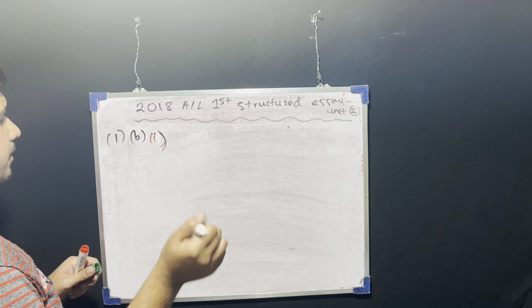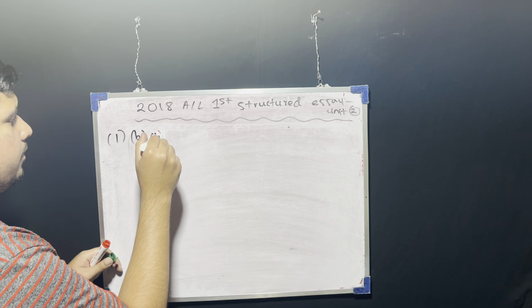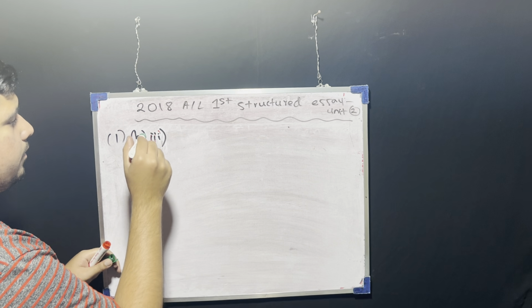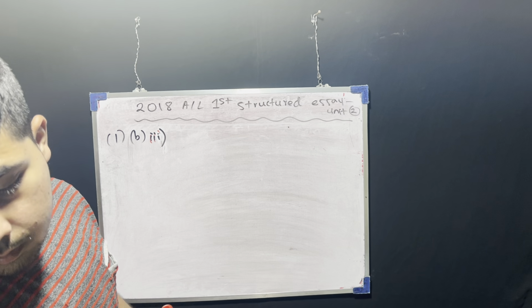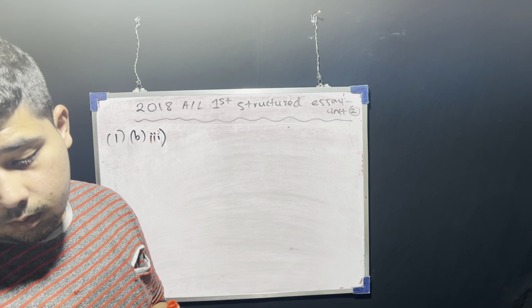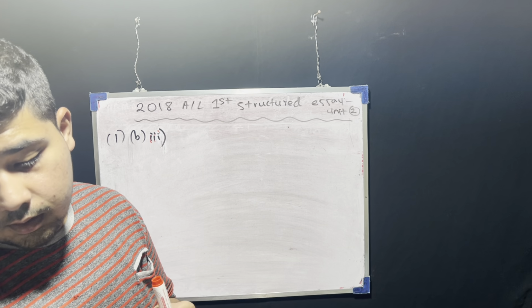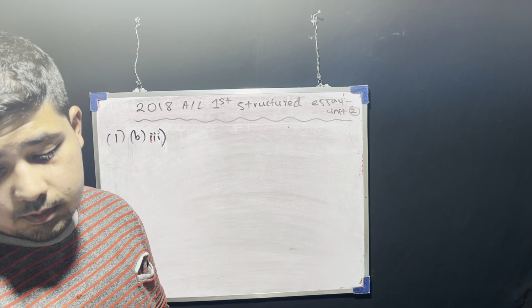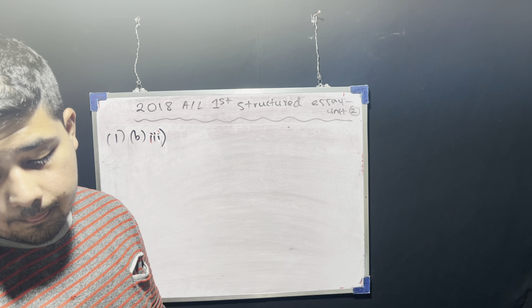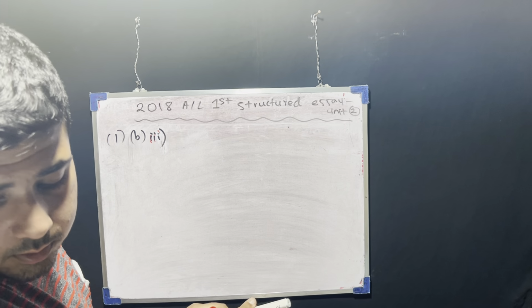Roman number 3. Based on the Lewis structure given below, state the following regarding the carbon, nitrogen and phosphorus atoms given in the table below. Let me draw the structure.